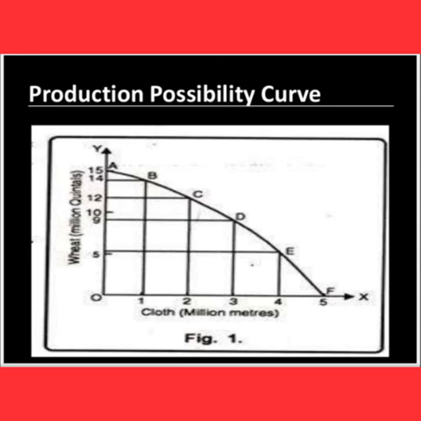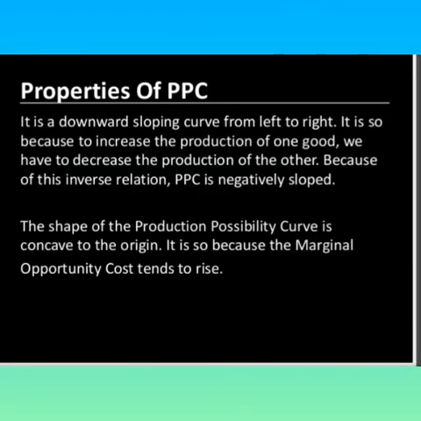So what is in this theory? That is, if more of the scarce resources are used in the production of cloth, fewer resources are available for the production of wheat, and vice versa. Therefore, if we want to have more of one of the goods, we will have less of the other good.